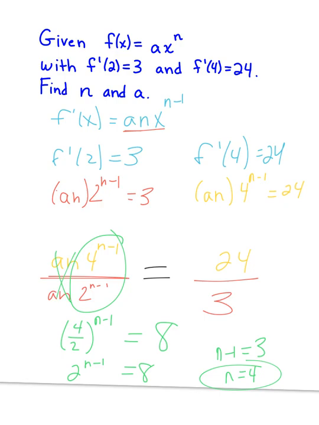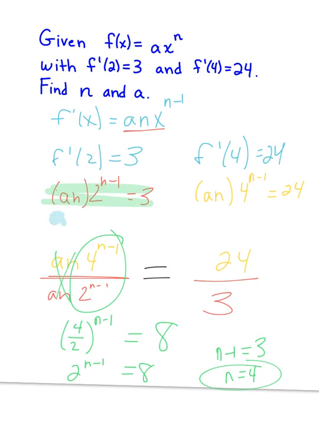Now we need to find a as well though. So if n is equal to 4, we can plug that back in and then try to find what a would be.